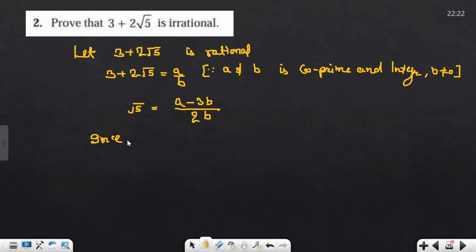Therefore root 5 is rational. Contradiction: the fact is root 5 is irrational, hence our assumption was wrong. Therefore 3 plus 2 root 5 is irrational. You can write blah blah like the previous question, but here the main thing is this value.